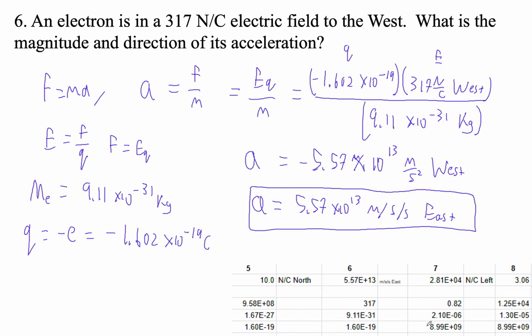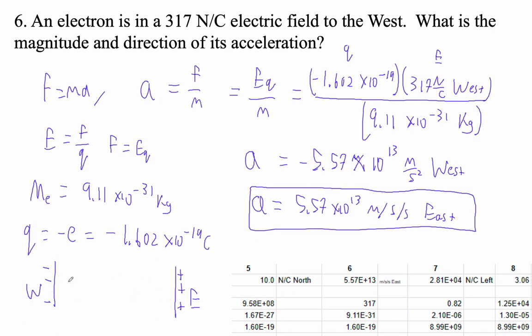Ta-da. There you go. So when I think about this, here's west, here's east. If there's an electric field that's to the west, that means that there's either positive charge in the east or negative charge in the west, or it could be both. We could have a couple plates here.